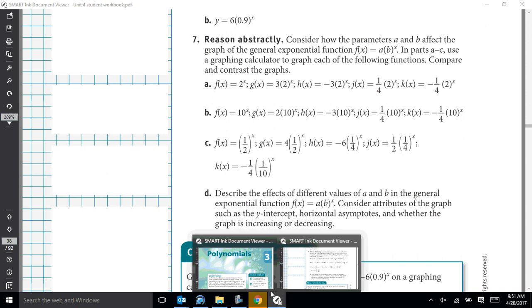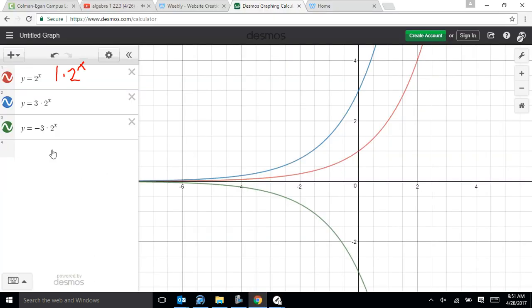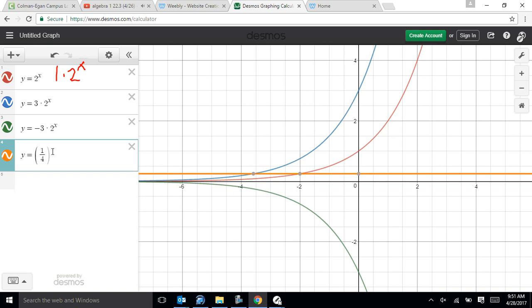Let's look at, if I have the equation 1/4 times 2 to the x, what do you think the y-intercept's going to be? So what's that y-intercept there? 1/4.